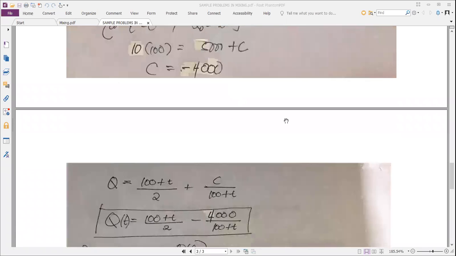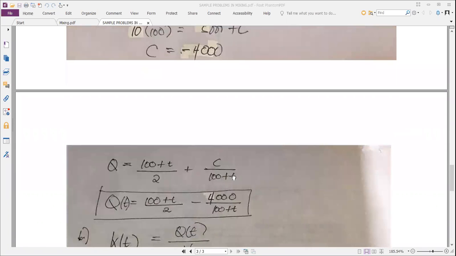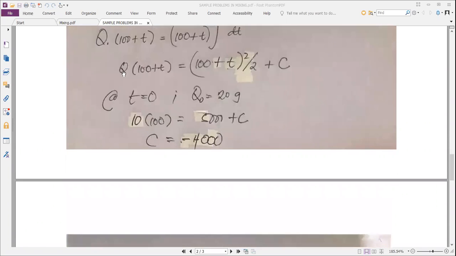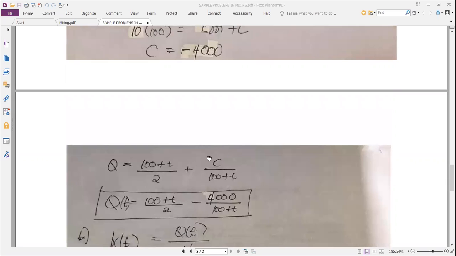And then this C will have, of course, 100 plus T because we divided our entire equation by 100 plus T. So this is our equation, and the final workable equation is when you set the C that you got here to negative 4,000.